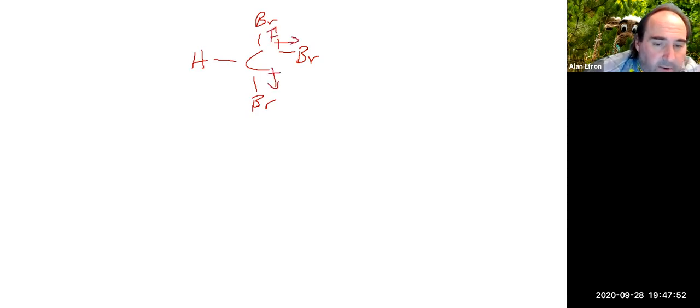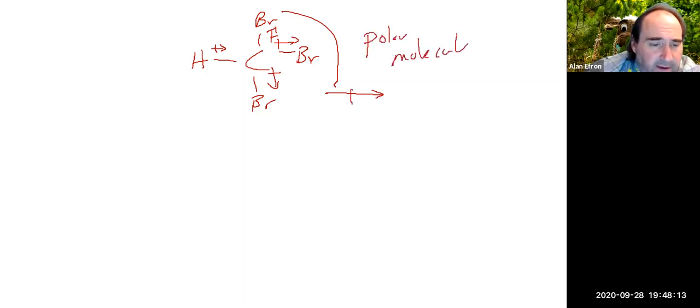So we've got 3 atoms pulling in this direction, and this carbon-hydrogen bond is nonpolar, which means it's not pulling in the opposite direction. If anything, it's actually pushing with them. So we're going to get a net movement in this direction, and this will now become a polar molecule.